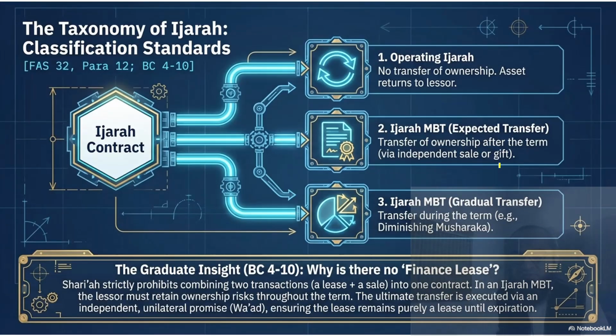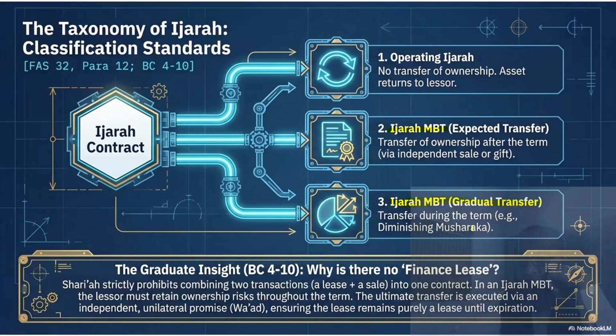Then the types of Ijara, paragraph number 12 says that it can be an operating Ijara, in which there is no transfer of ownership and the asset returns to the lessor at the end of the life. Then there can be an Ijara MBT, Muntahiya bi Tamlik, with expected transfer, and an Ijara MBT with gradual transfer, which is a sort of diminishing Musharaka Ijara, right? Diminishing Ijara.